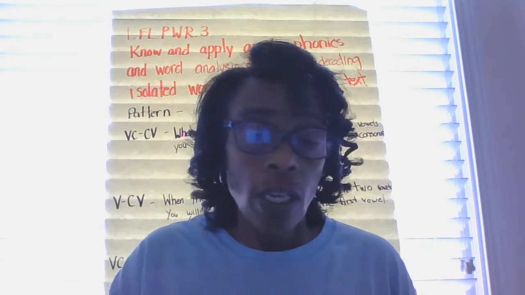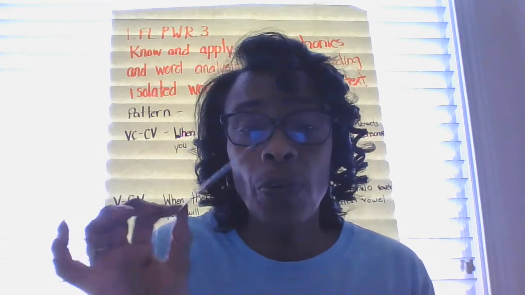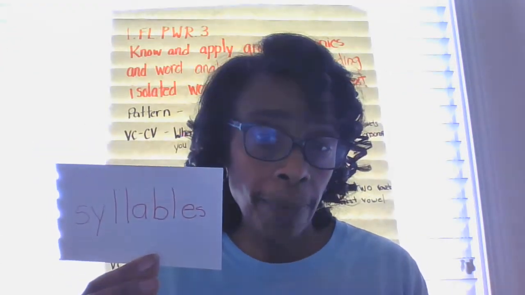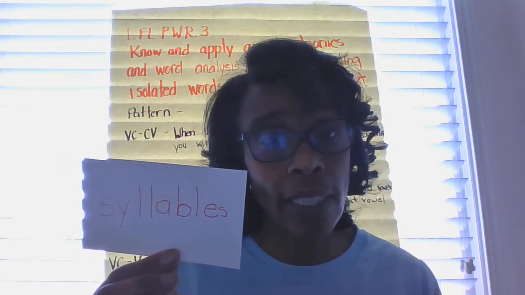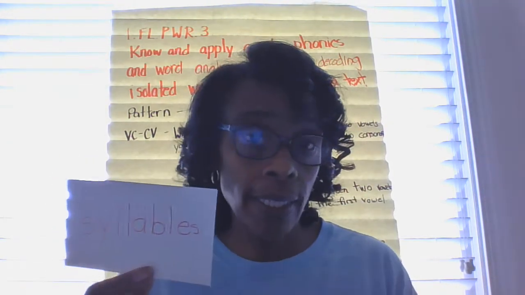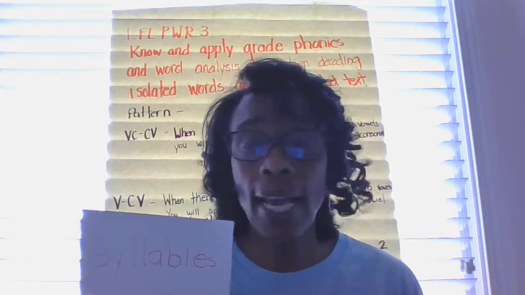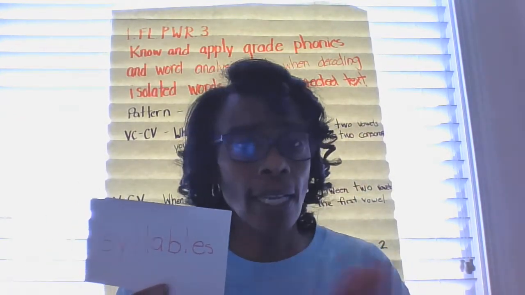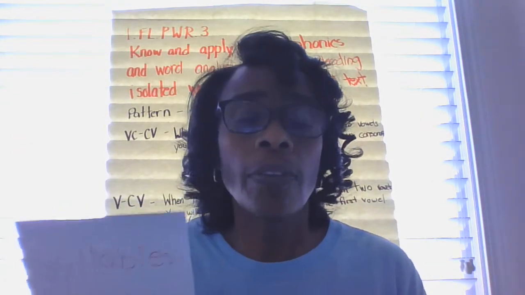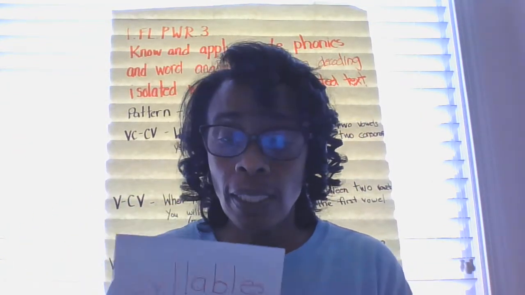But right now, a syllable is a part of a word with a vowel phoneme in it. That means it has a vowel sound in that part of the word and it's separated. Now, if the two vowels are side by side, most of the times they make one sound. So that doesn't count. The vowel sounds have to be separated.